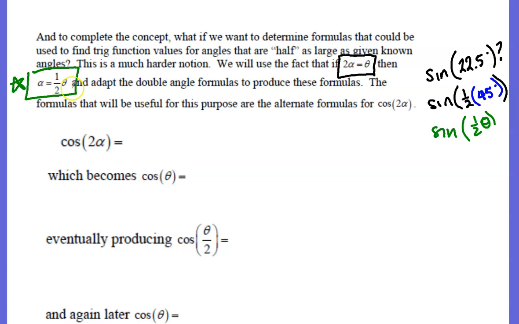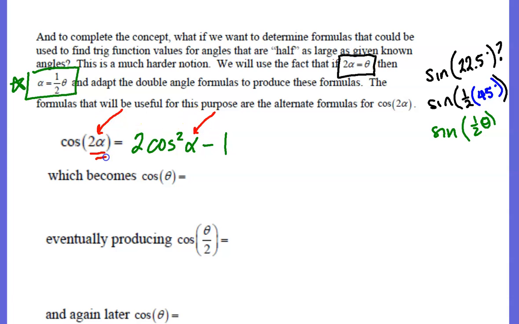Okay, so now let's mess with cos of 2 theta, or cos of 2 alpha. As we know, we have a couple of options for cos of 2 alpha. I'm going to use the 2 cos squared alpha minus 1 version. Okay. So if this is true, I'm going to replace these two things with what I know.